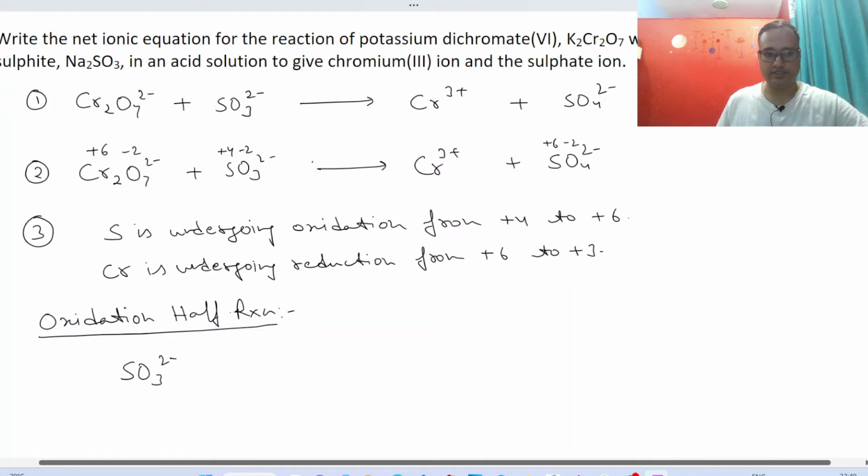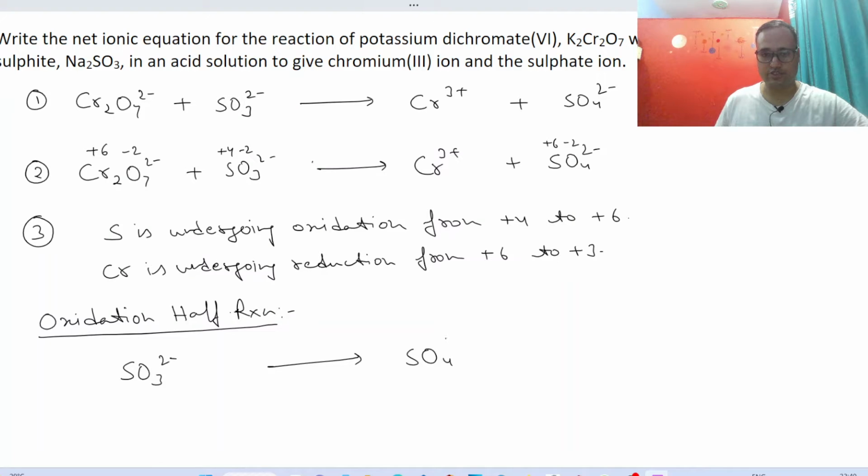The oxidation half reaction is SO3 2 negative undergoing oxidation to SO4 2 negative. So the oxidation state of sulfur changes from +4 to +6. In order to equalize the charge, we write 2 electrons on the right hand side. Next we need to balance the oxygen atoms. Oxygen atoms on the left hand side are 3 and on the right hand side 4.